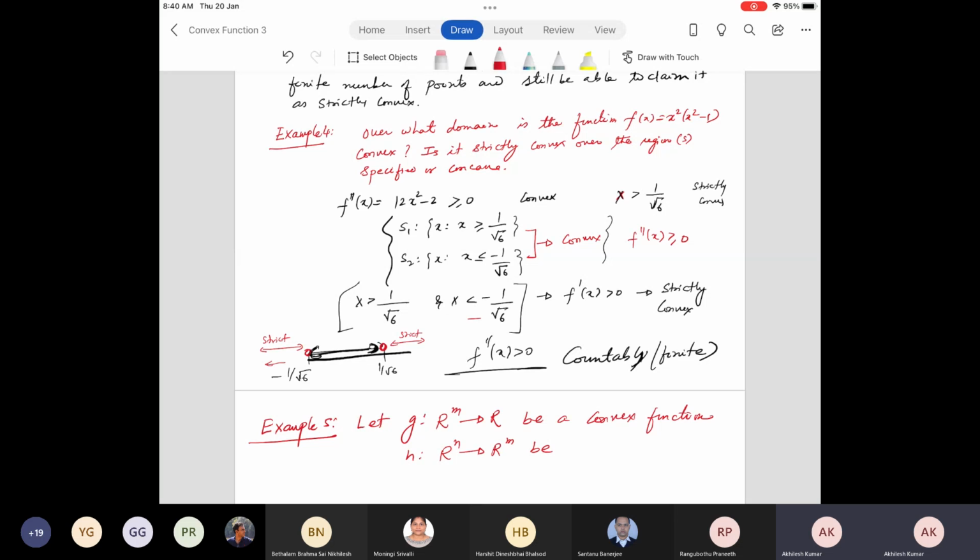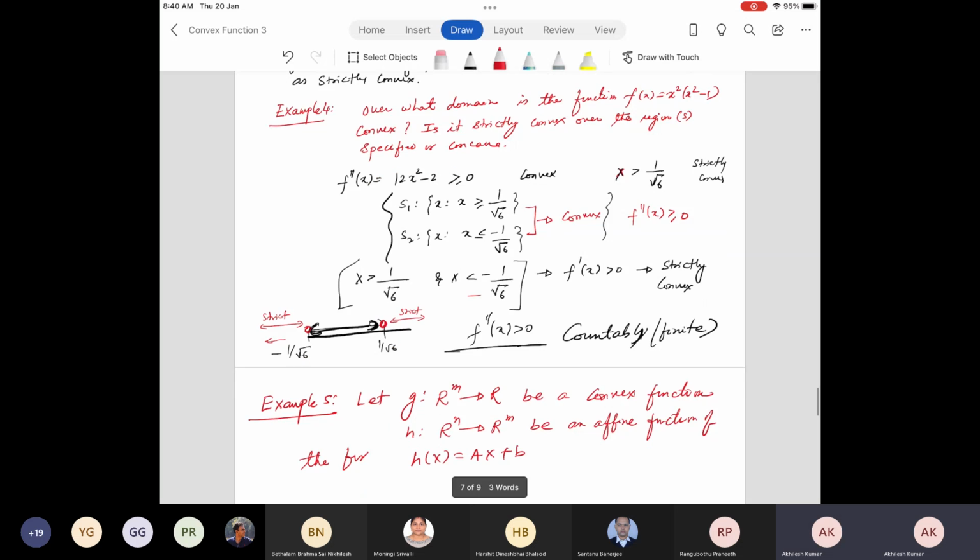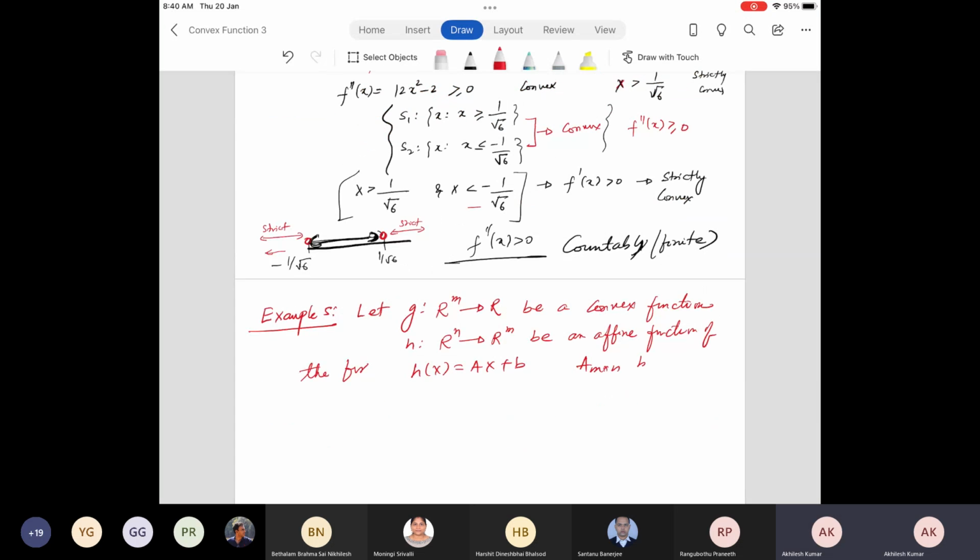Just a second. I think I have missed something here. This does not look right. Okay. Be an affine function of the form hx equals to ax plus b, where a is m cross n and b is m cross 1.